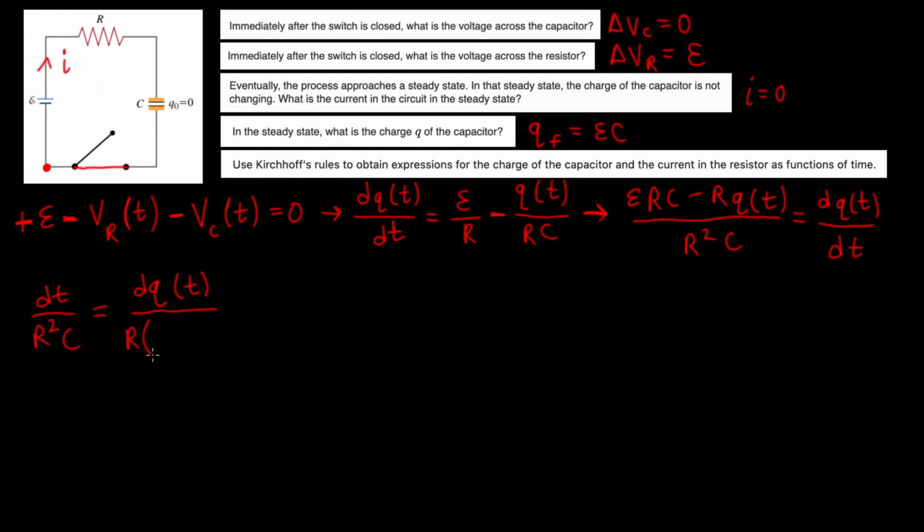And also, let's factor out an R from the expression. If I factor out an R, it would look like this. And notice how both sides have an R, so I can cancel those out. And so the remaining expression would look something like this.